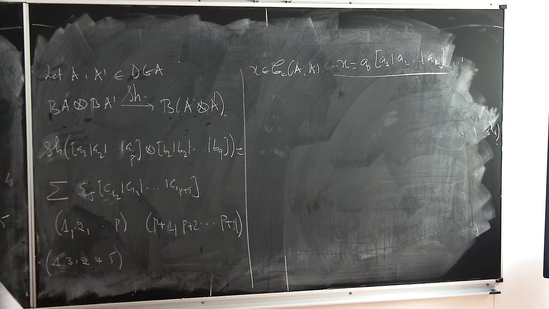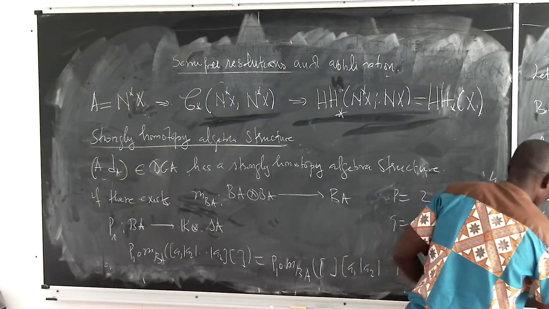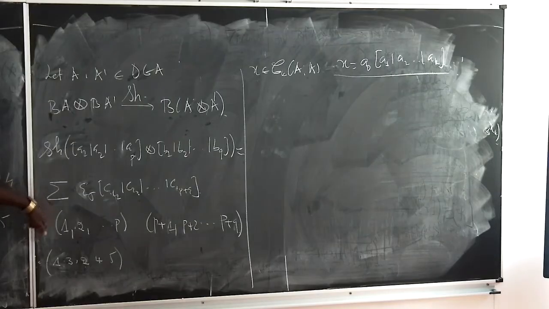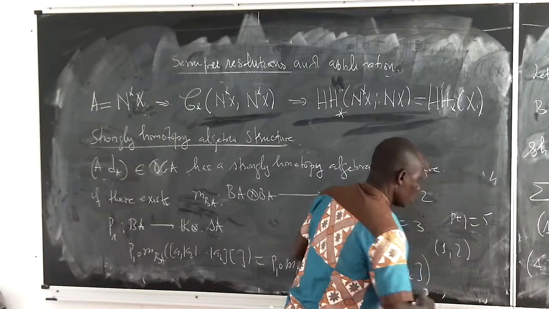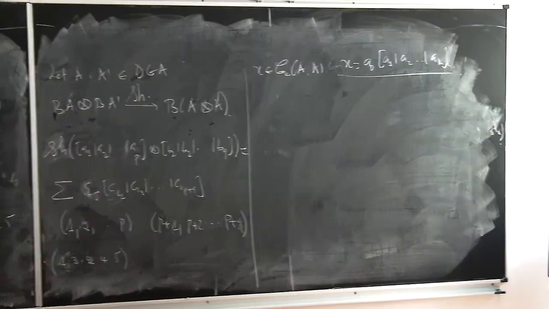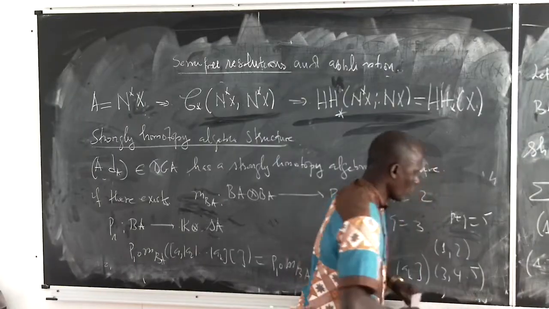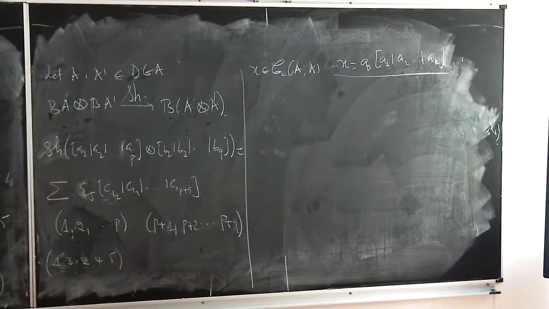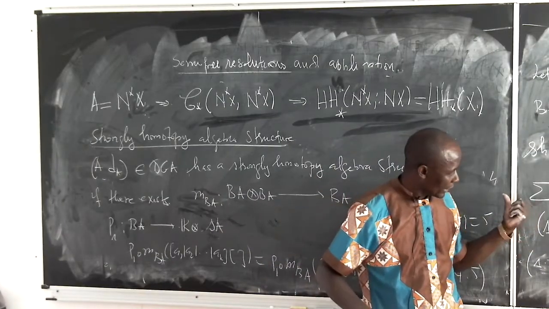This is a permutation of 1, 2, 3, 4, 5. Here 1 and 2 appear in this order, and then 3, 4, 5 also appear in this order. This is an example of a permutation satisfying the condition that I said before.